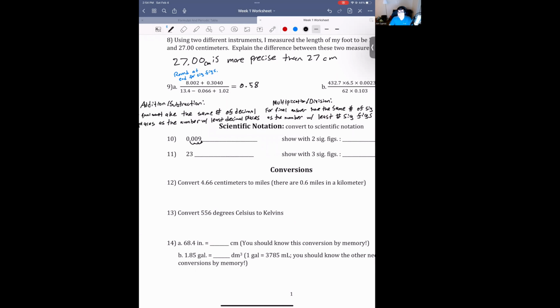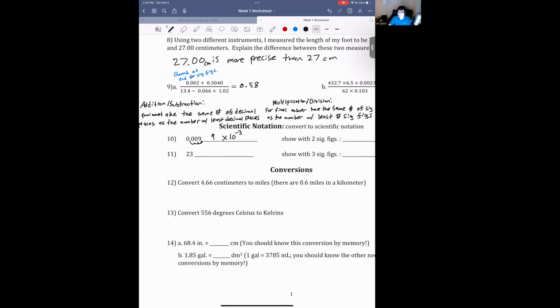3 places. This is less than 1, so we're going to get 9 times 10 to the negative 3. The negative 3 makes it less than 1. 10 to the negative 3 is dividing by 10 cubed, or 1,000. The negative exponent just puts it in the denominator.